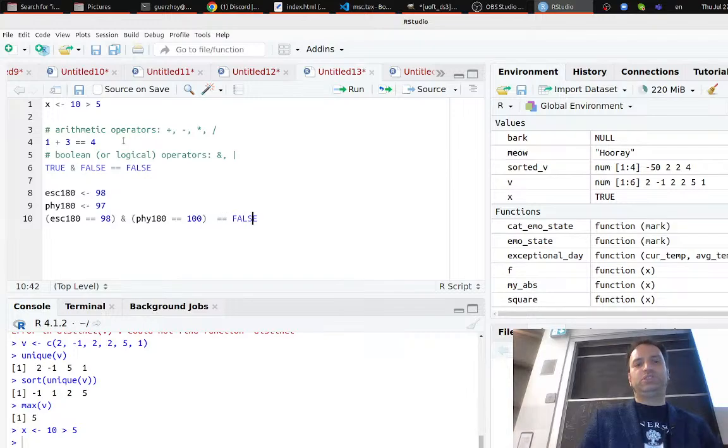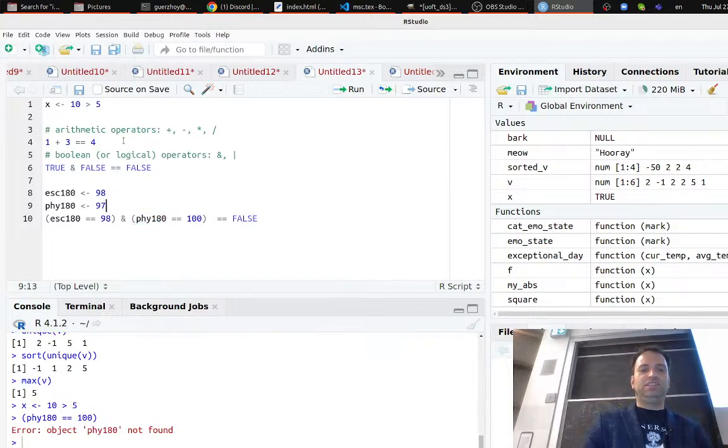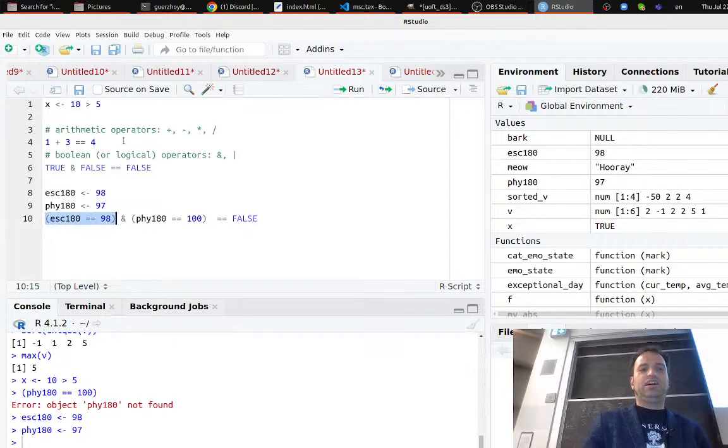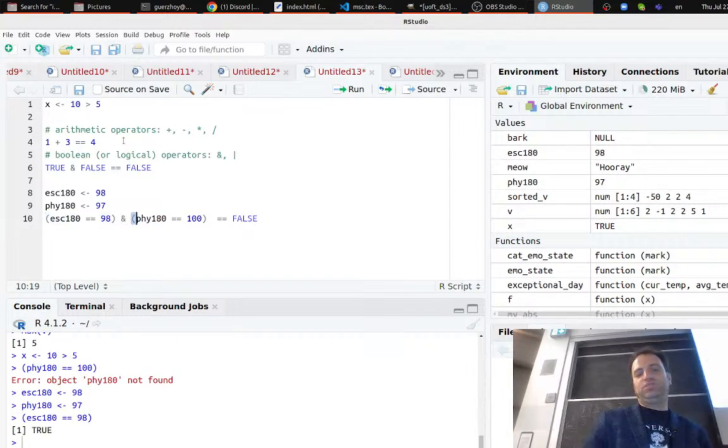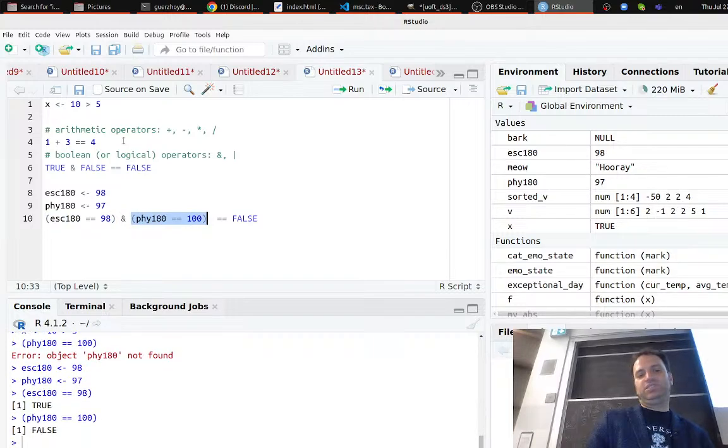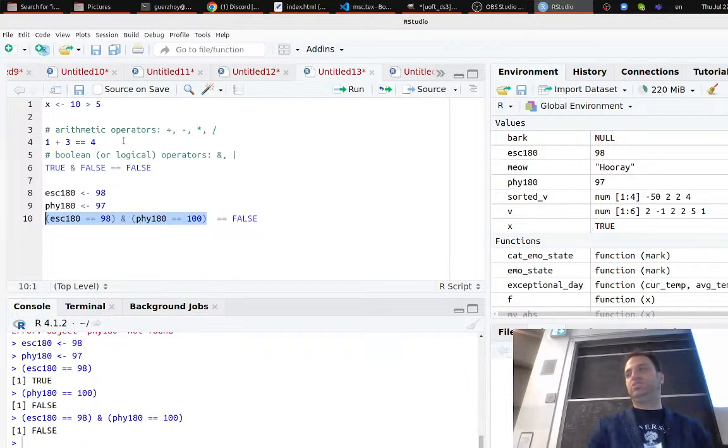That is false. Why is that? Well, because this didn't hold. So this is true, and this is false, and then the entire thing, true and false, is false.